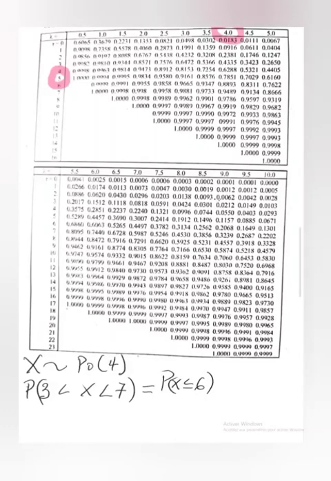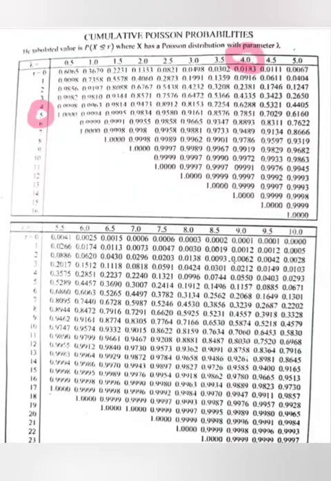So I'll take P of x less than or equal to 6 minus P of x less than or equal to 3, so that the sum up to 6 minus the sum up to 3 will now include the sum from 4 to 6. So the cumulative of 6, I'll go again to the table where lambda is 4 and x equals 6. Locate the value. They intersect at 0.8893.